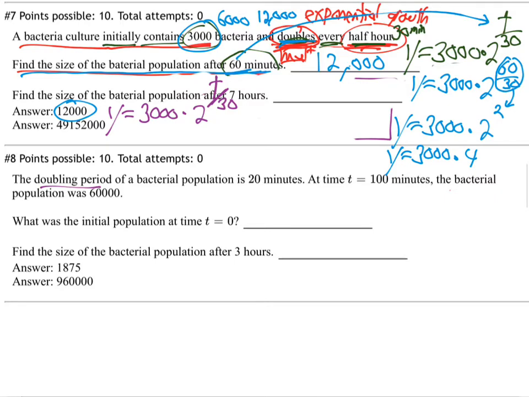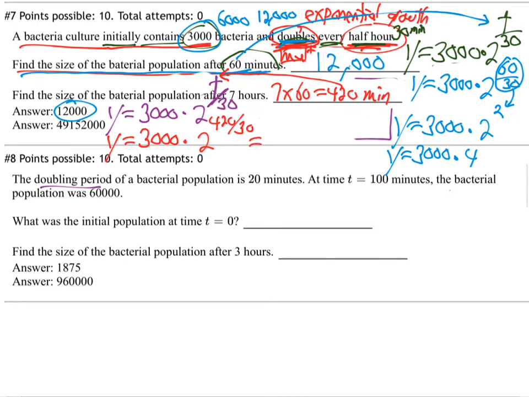Well, 7 hours, that's going to be 7 times 60 minutes in every hour. That's 420 minutes. So plug in 420 right there for t.